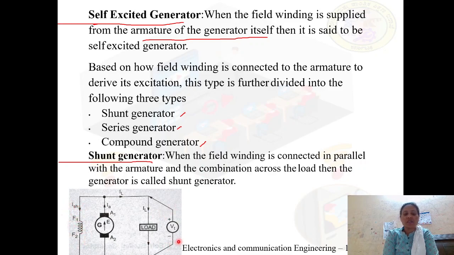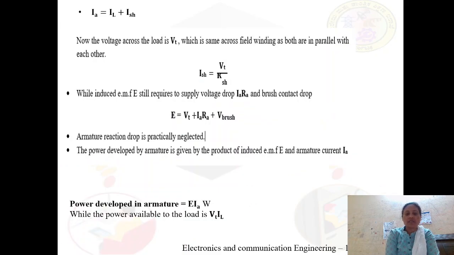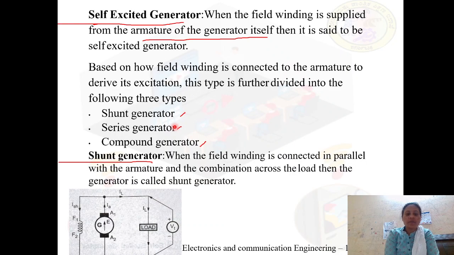So by considering the terminal voltage, Vt can be taken as Ish into Rsh, and therefore Ish can be treated as Vt divided by Rsh. So Ish is Vt divided by Rsh. Rsh is the field winding resistance, the parallel field winding resistance. And here we have already discussed the EMF.